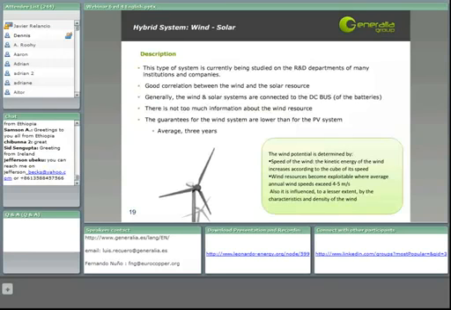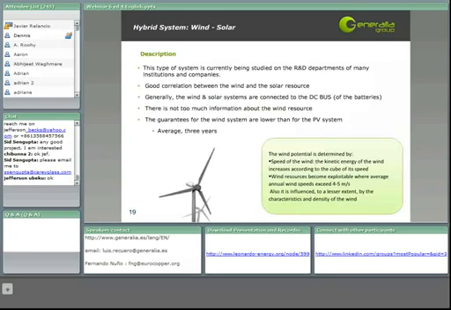Here you have an example of another hybrid system, which will be with solar energy and with wind energy. This type of solution is being studied in several research and development departments of many institutions and companies because of the good correlation between the wind and the solar resources, and also because both of the resources are renewable resources, so it is easier to get financial opportunities.